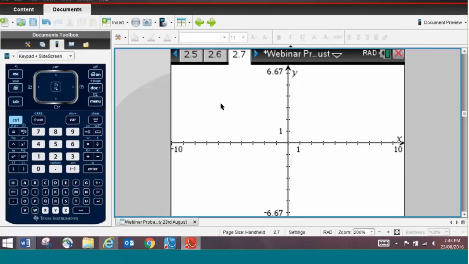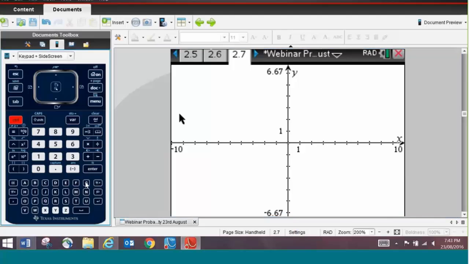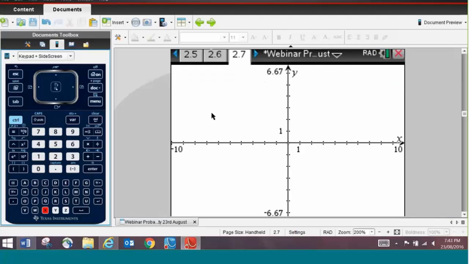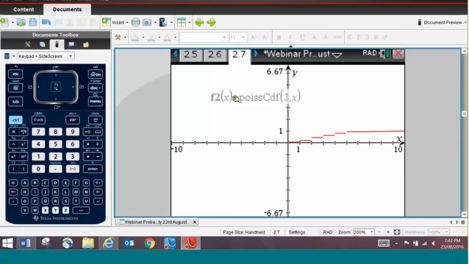So Control T or Control Z will undo that. And what I'm now going to do is enter the Poisson CDF. And once again, once I get to that F, it changes because it understands that, for also 3 to X. And this time we can see that graph, but what we can see is that it's discrete until it's virtually almost reached 1 at this point.